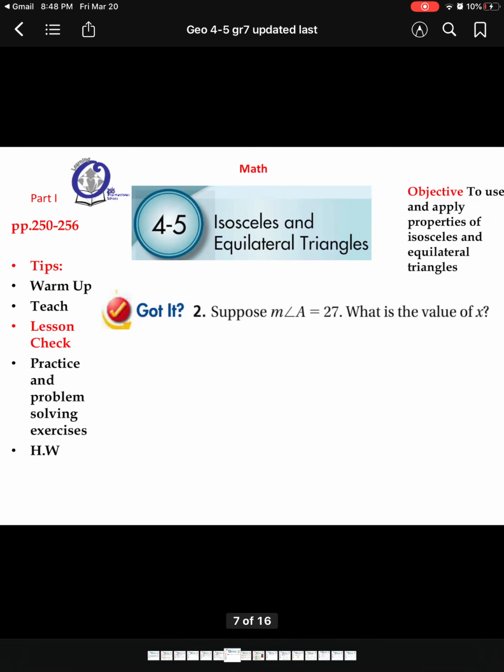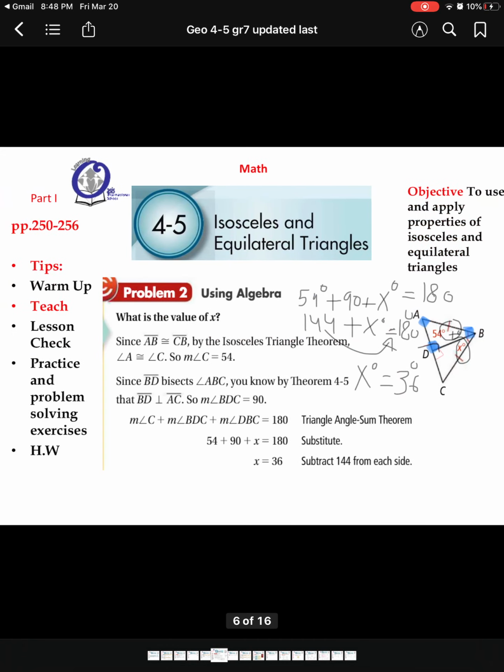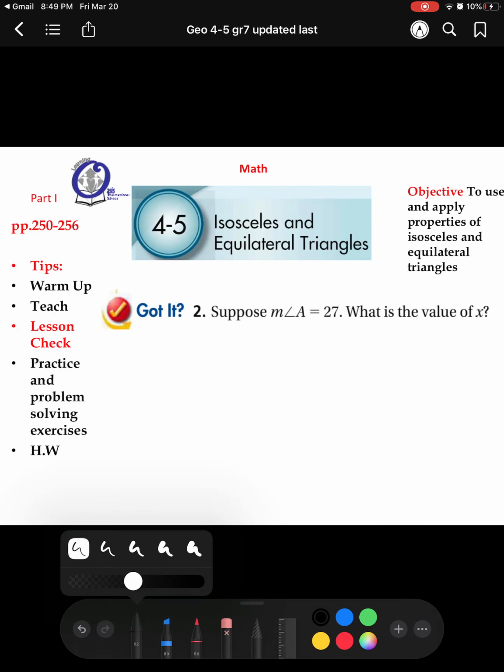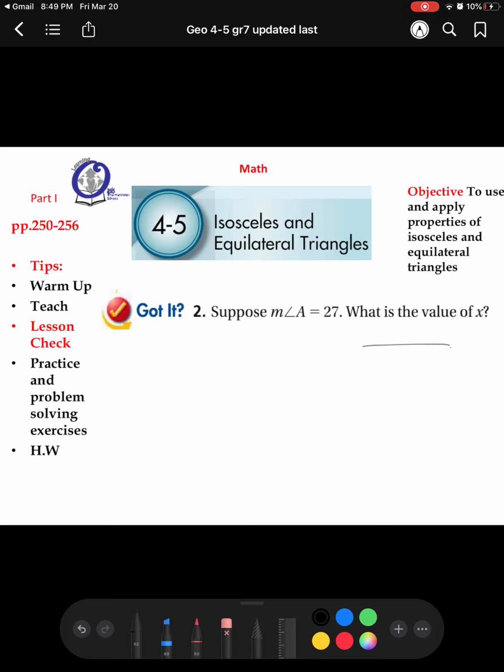Now, he's telling me, suppose the measure of angle A is 27. Measure of angle A is 27. So let me just try to sketch the triangle for you. The first one in here is x. Let me just make it a little bit bigger.